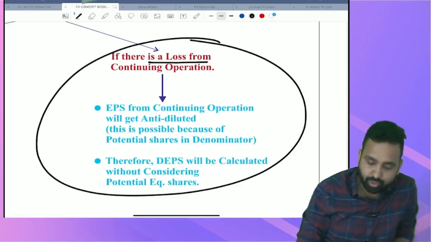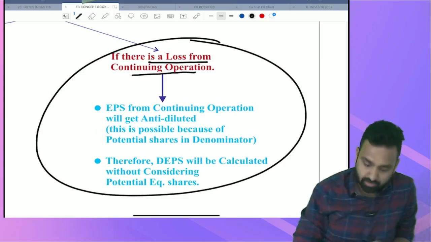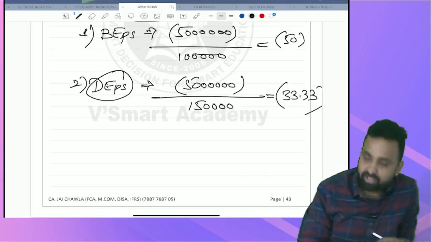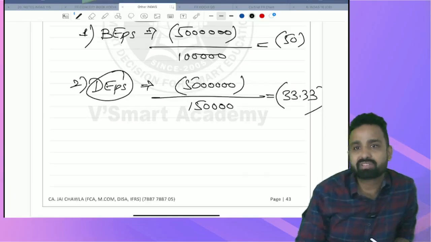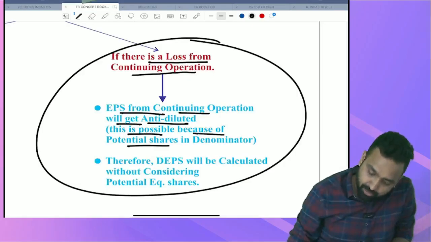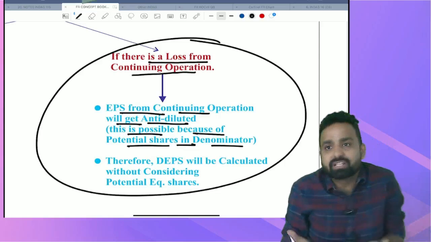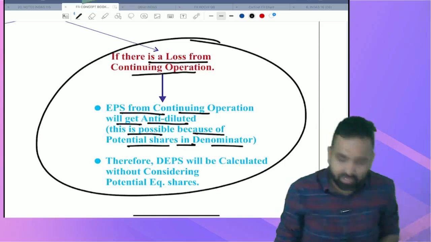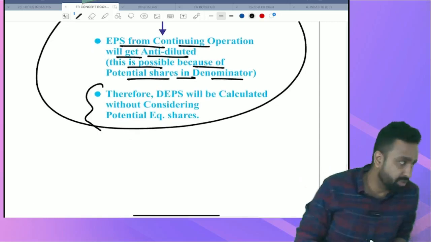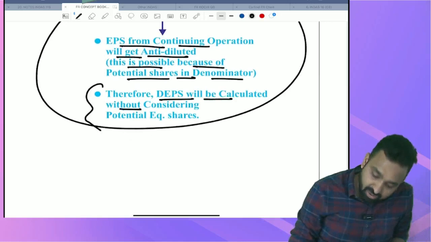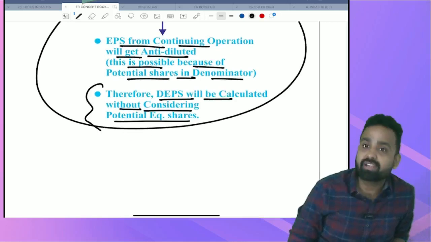Now read this. If there is a loss from continuing operation, EPS from continuing operation will get anti-diluted. This is possible because of the potential shares in the denominator. Of course, when you increase the denominator on the negative side, in the negative earning, it gets anti-diluted. So what is the conclusion? Diluted EPS will be calculated without considering them.